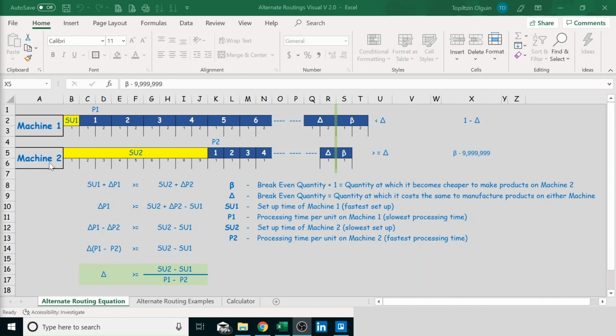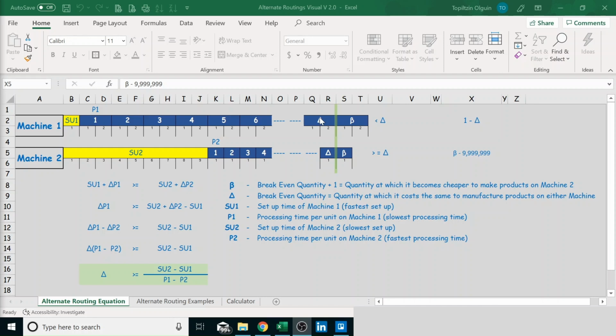Machine 2, more automated, needs more tooling and obviously more setup according to the blueprints for that product. It takes 9 minutes of setup and 1 minute of processing time. What we want to find out is this delta. What is the break-even quantity?